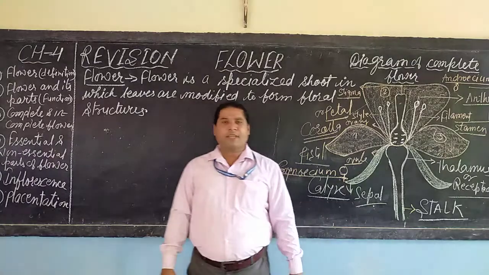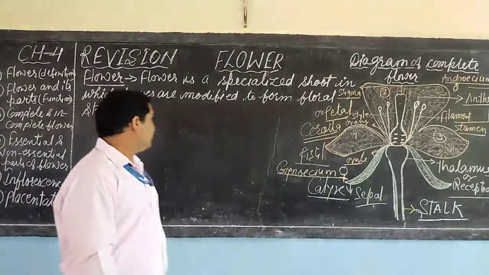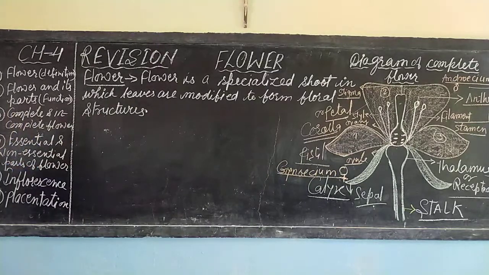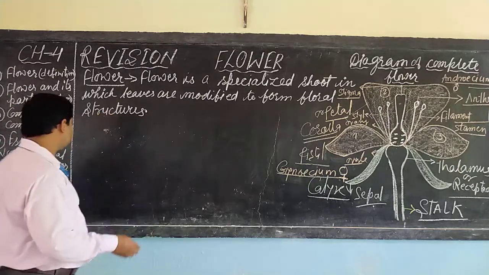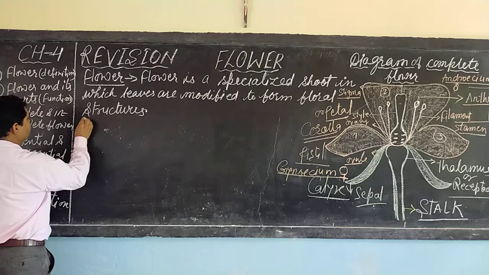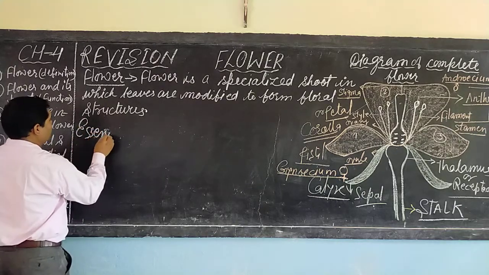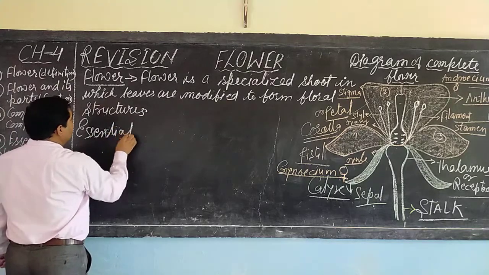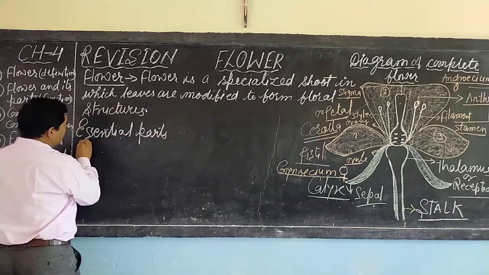So dear student, this is about the detail about the flower. Next I am going to explain you about the essential part, non-essential part. So what do you mean by the essential part? Essential part.